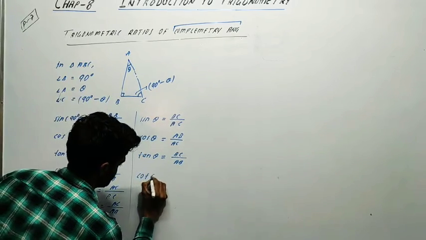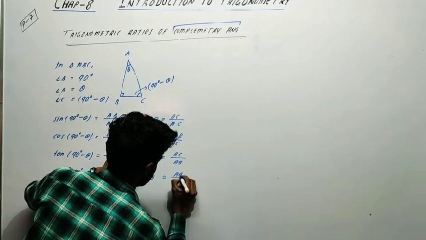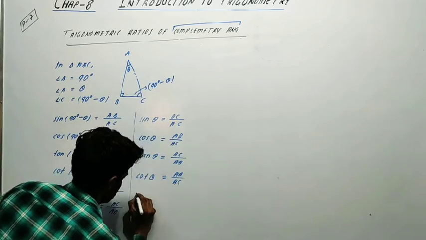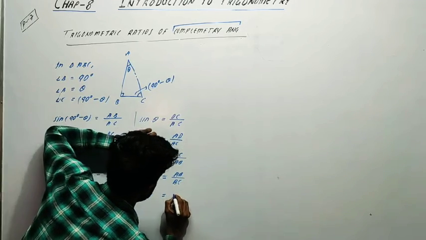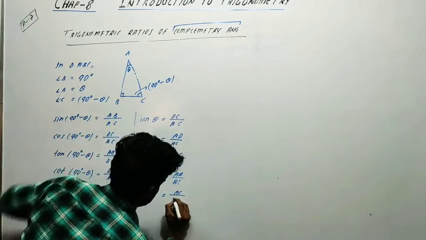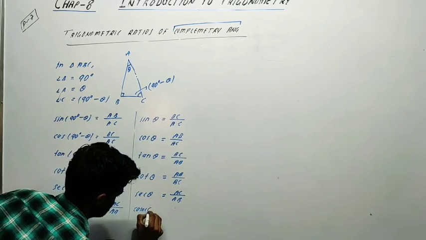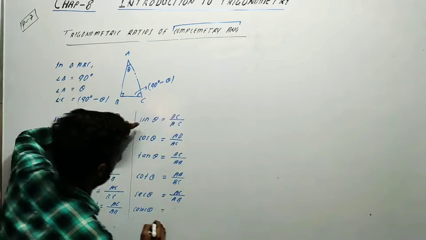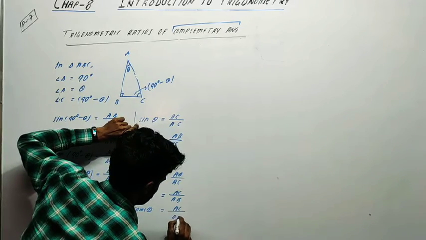Cot theta, the reciprocal of tan theta, is AB upon BC, and sec theta, sec is the reciprocal of cos, is equal to AC upon AB. Similarly, cosec theta is equal to the reciprocal of sin theta, which is AC upon BC.